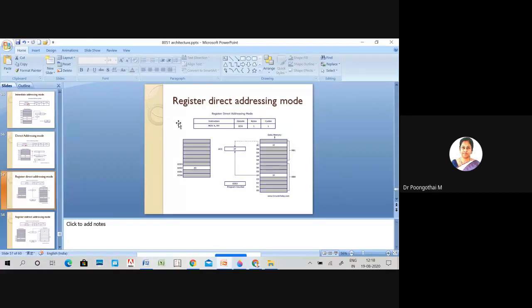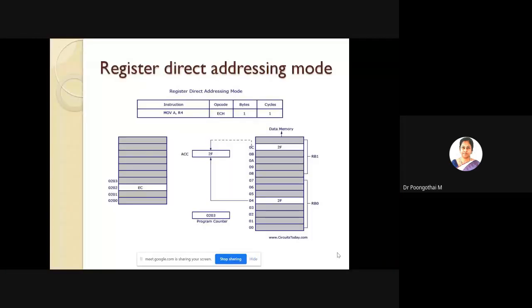So next, register direct addressing mode. So here, the names of the registers are directly specified in the instruction. Example, MOV A, R4. The opcode for this instruction is EC, and it takes 1 byte of memory, and 1 machine cycle is required to execute this instruction.